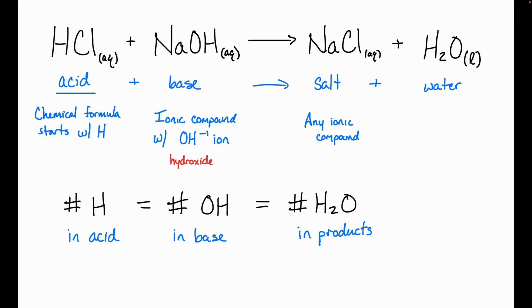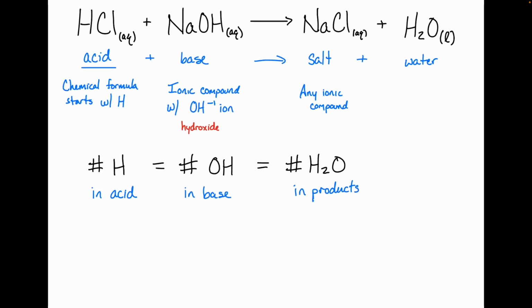All right, it's one hydrogen combining with one hydroxide to make that water molecule. So keeping this in mind for balancing our acid-base reactions can make life a little bit easier.